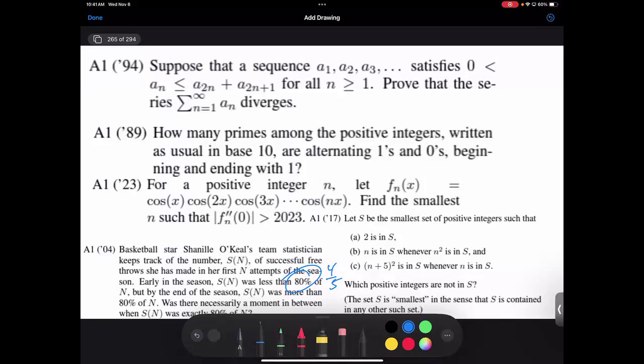And we can call these Chanel-O'Keel numbers, or Chanel-O'Keel probabilities. Which probabilities must you hit? If her shooting percentage was continuous, would she have to go through 80%?